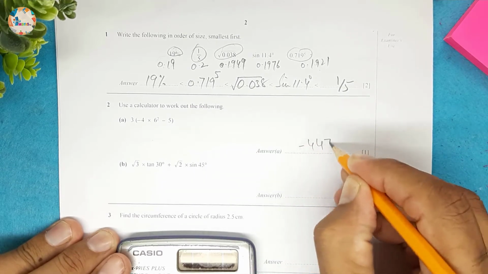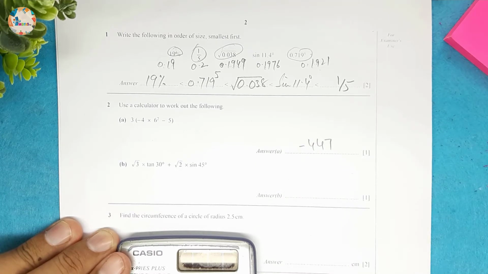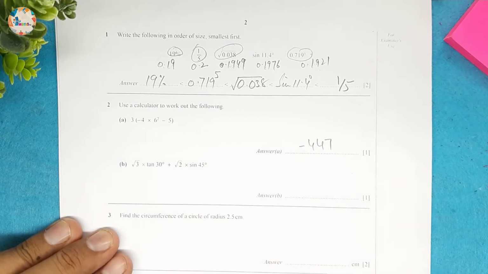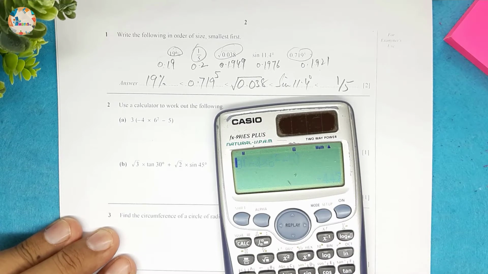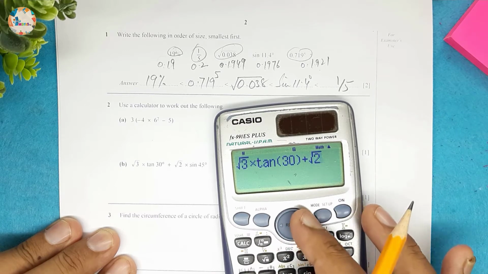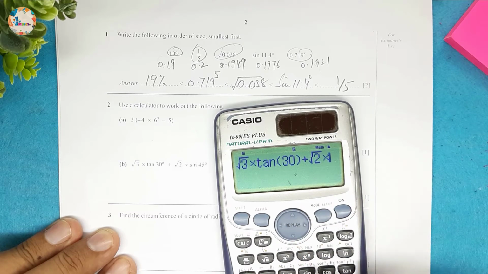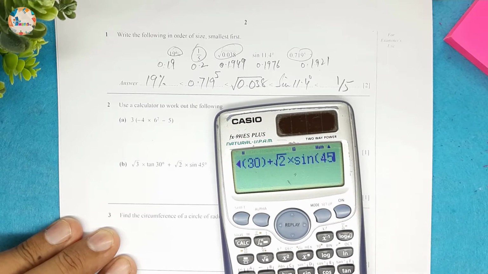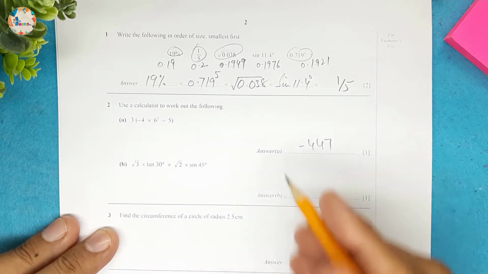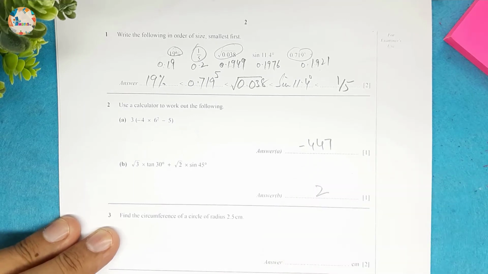And B part we will also solve with the help of calculator: root 3 multiplied by tan of 30 degrees plus root of 2 multiplied by sine of 45 degrees will be equal to 2, so the answer will be 2 in this case.